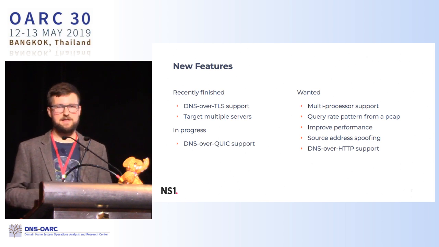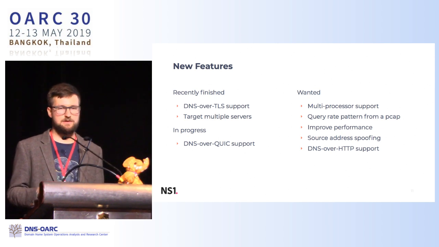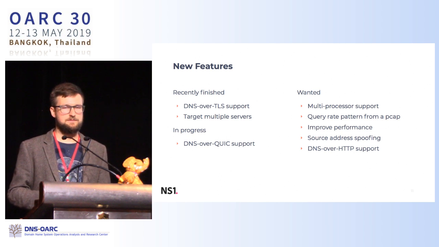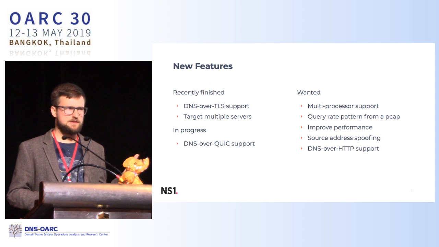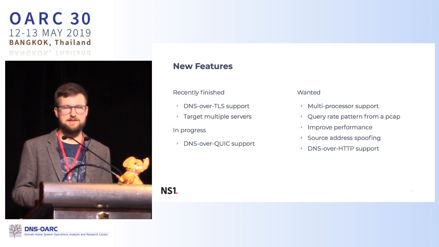But there are still some things we would like to add. We definitely want to improve the execution on a machine with multiple processors. That's one thing. The query rate patterns, like the QPS flow, are relatively flexible, but we would like to use something even more realistic. So we are thinking about extracting these query rates from PCAP.